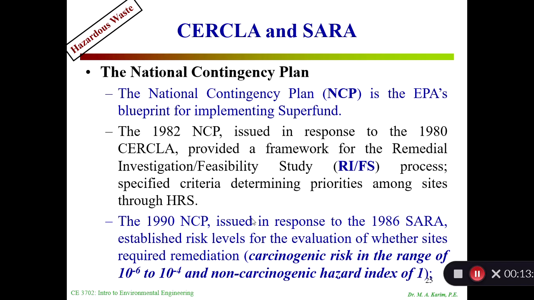In 1990, the NCP was issued in response to the 1986 SARA, and established risk levels for evaluating whether sites require remediation: carcinogenic risk in the range of 10 to the minus 6 to 10 to the minus 4, and a non-carcinogenic hazard index of 1. If we have a site within this range or the index is 1, then they have to evaluate it.